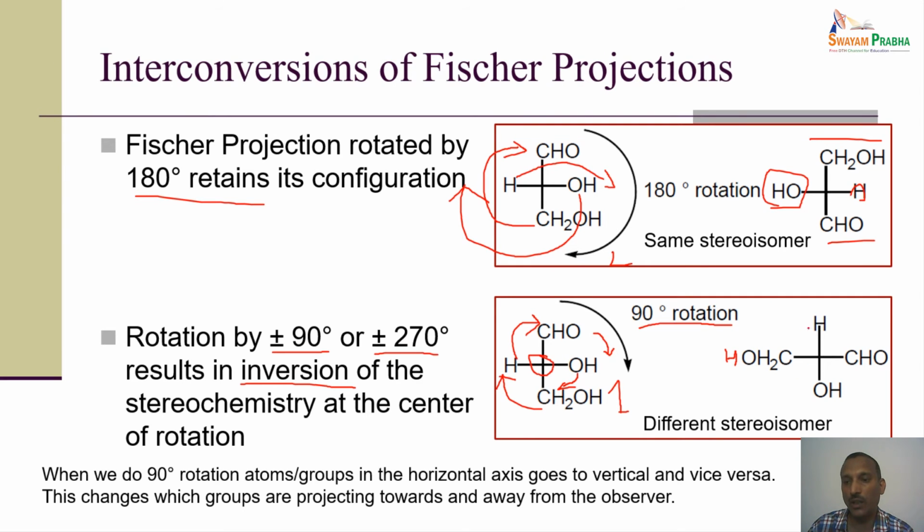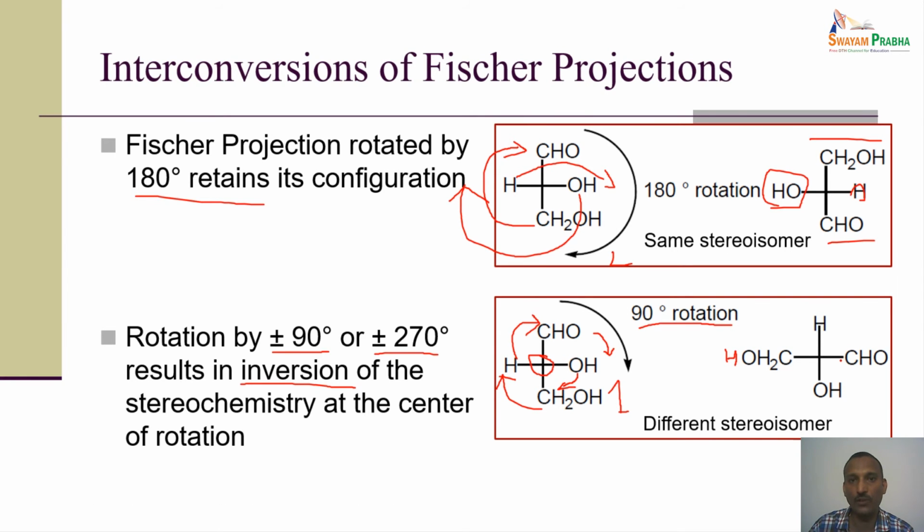If we take the simple configuration of this molecule, then that will actually give a different isomer. That is the reason we say a 90-degree rotation or 270-degree rotation leads to inversion of the stereochemistry at the center. Because how do you give that now? What you have to do is basically every group, the oxidized group, has to be changed.